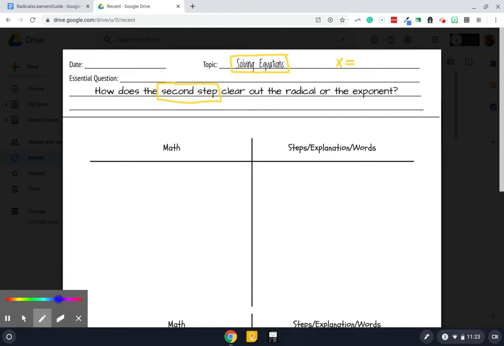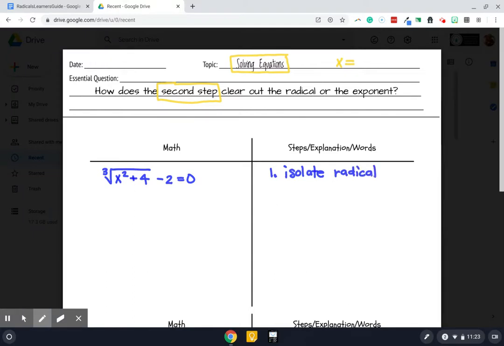So I've got the cubed root of x squared plus 4 minus 2 equals 0. Okay? So immediately, right away, if we can, we are going to isolate the radical. If you don't know what isolate means, it means get alone.